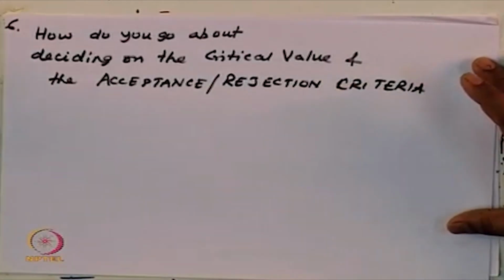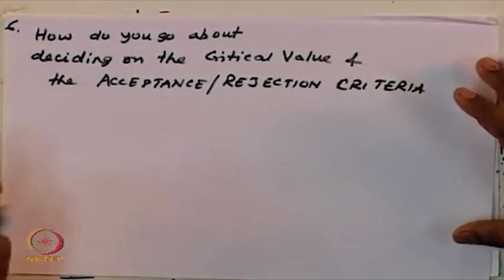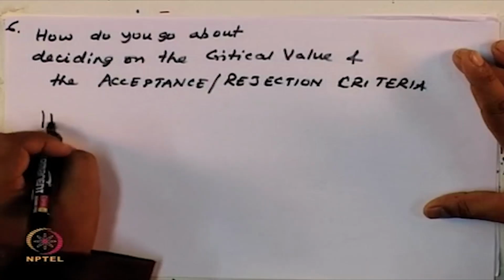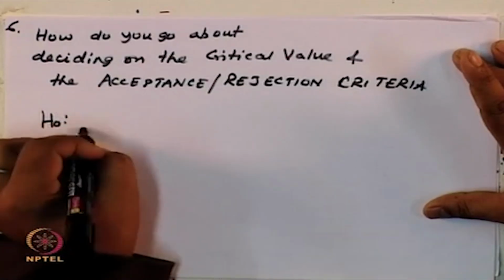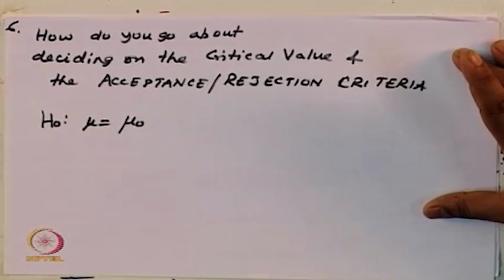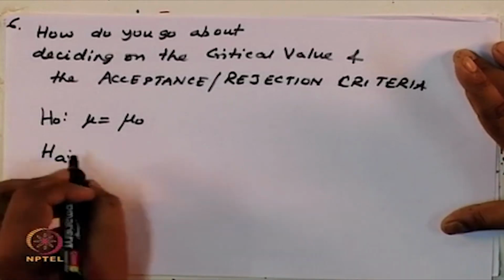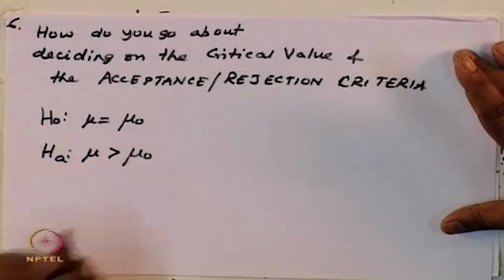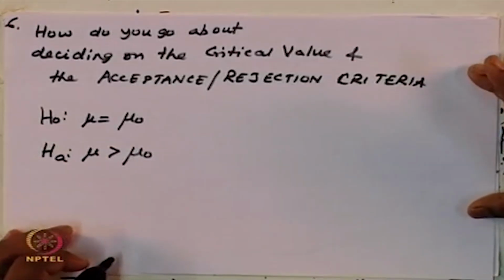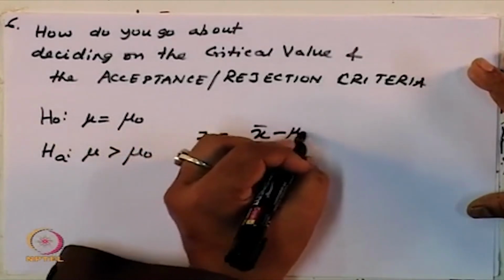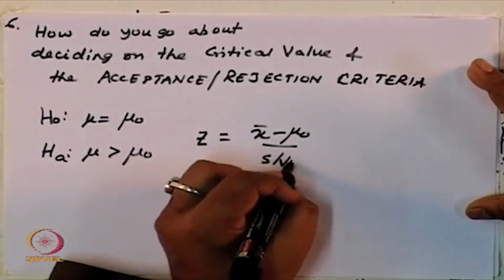As one would expect, this depends on how much certainty we want to have in our assertion. So, let us take a sample case. Let us take H naught as mu equal to mu naught, and we take H A as mu greater than mu naught. I would go about by calculating the test statistic Z given by x bar minus mu naught divided by S by root of n.